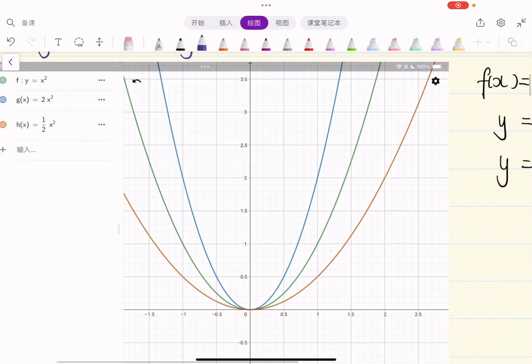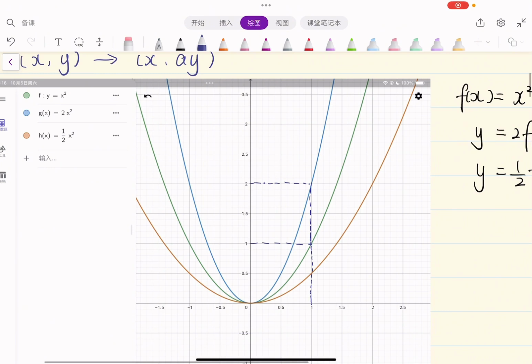When x equals 1, the green line is 1 and the blue one is 2 for the y coordinates. So it is stretched by a scale factor of 2 in the vertical direction.